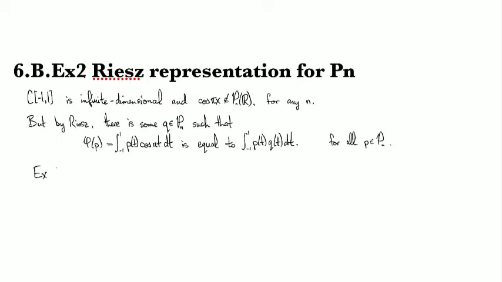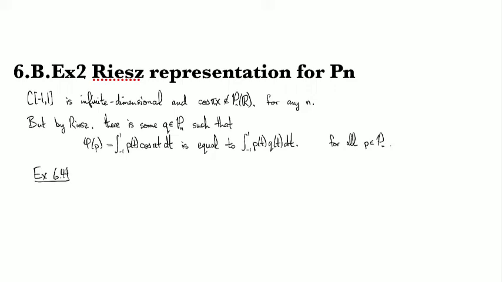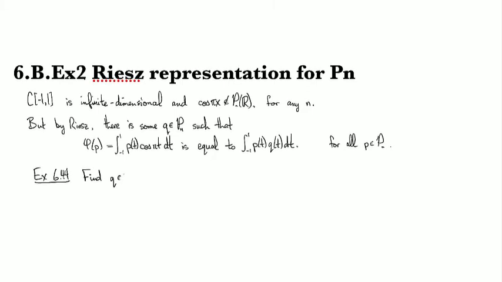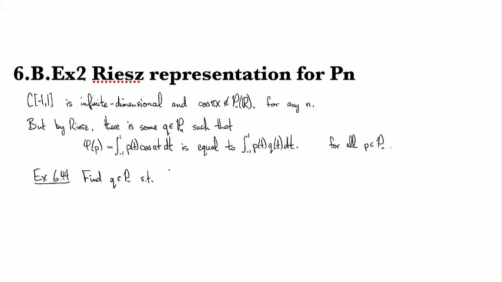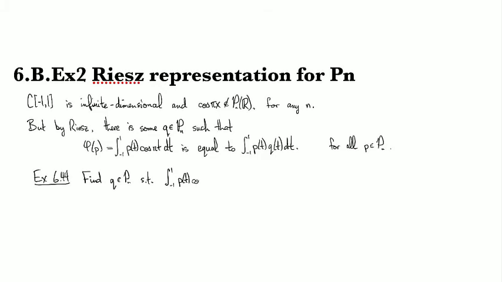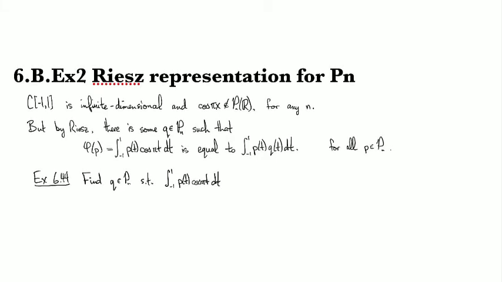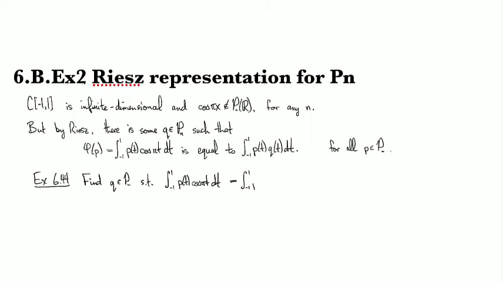This is actually example 644 from the text, and we are going to find a second order polynomial q such that this functional right here, this integral against cosine, can be given as the inner product against q.